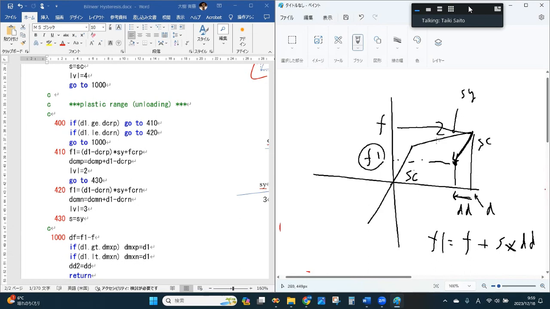You are now at level 4, and this is the positive side, dCRP. And this part is dCRN. And your new deformation goes over. So you want to get, no, this is different. Sorry. I made a mistake.